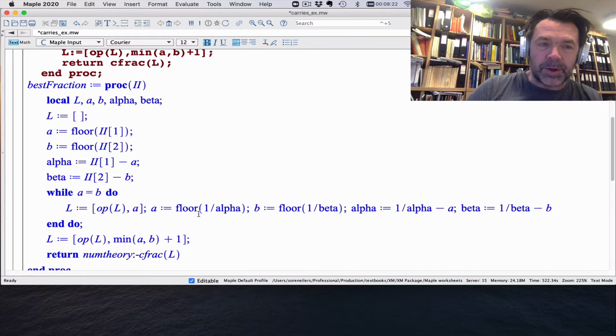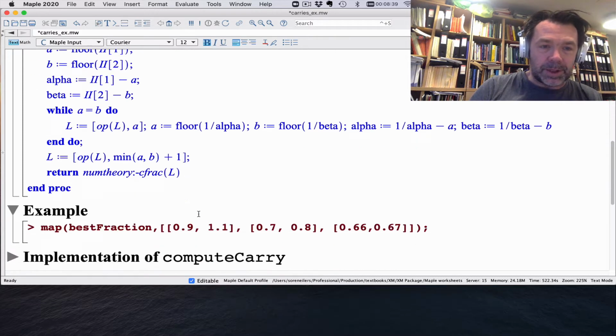The point is that if we have an interval, potentially a big interval, then we look for the smallest fraction in that interval. What I mean by the smallest fraction is the fraction that has the smallest possible denominator.